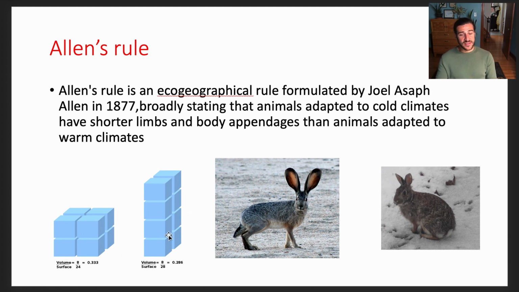So this shape has a larger surface to volume ratio compared to this shape. So we can see that, and this has to do with both Bergmann's rule and Allen's rule, right? So surface to volume ratio is a key player in not only these tundra and boreal biomes, but every biome type.